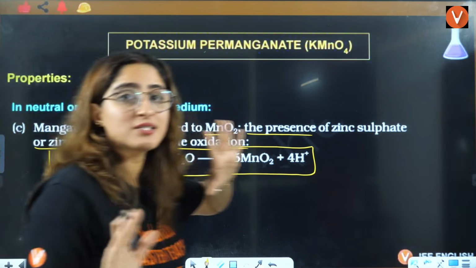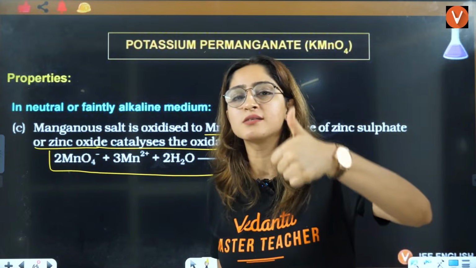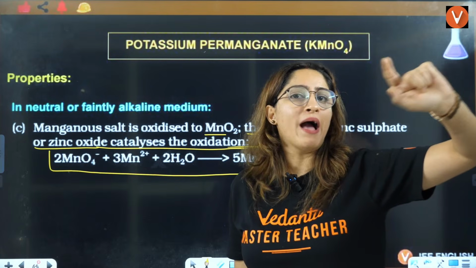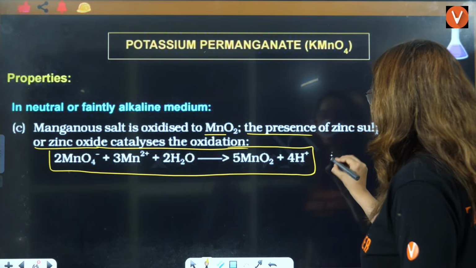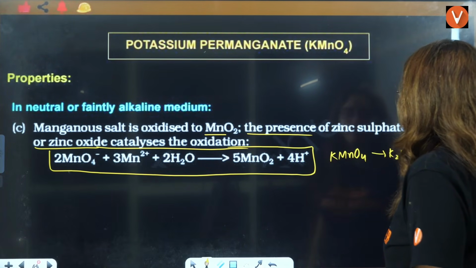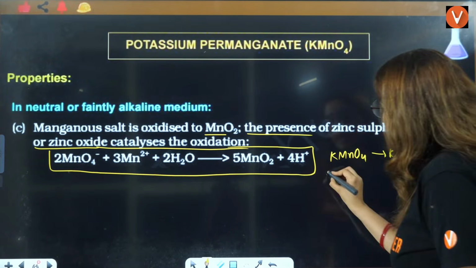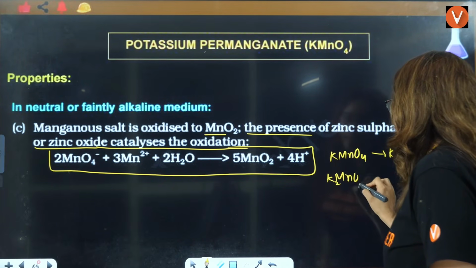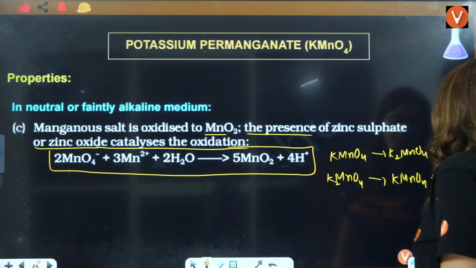These reactions can be confusing because every other time this is happening. We discussed how permanganate is converted to manganate and MnO2. See, this is the third same kind of reaction. We discussed KMnO4 is converted to K2MnO4. We have discussed permanganate getting converted to manganate and MnO2.